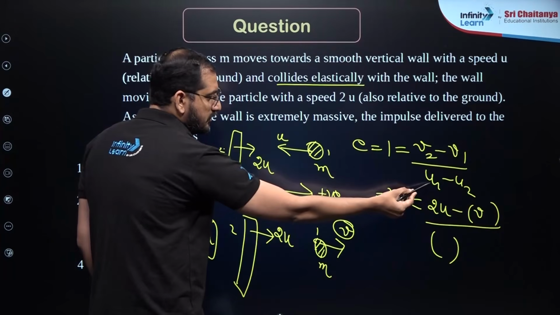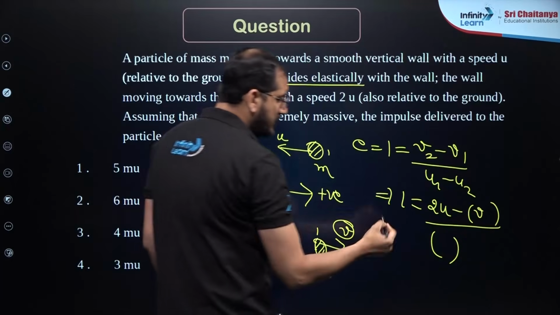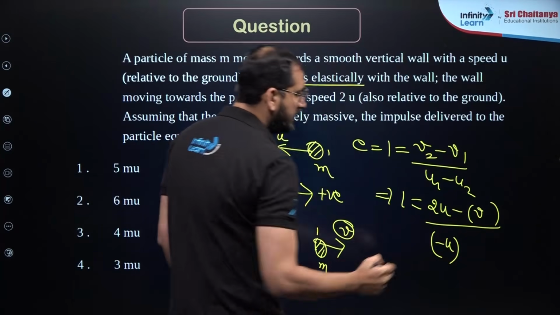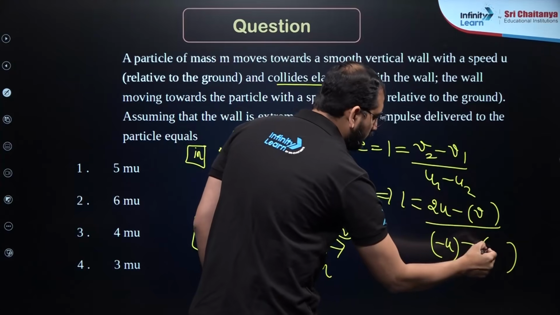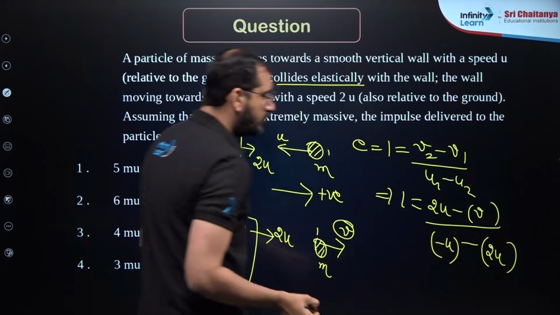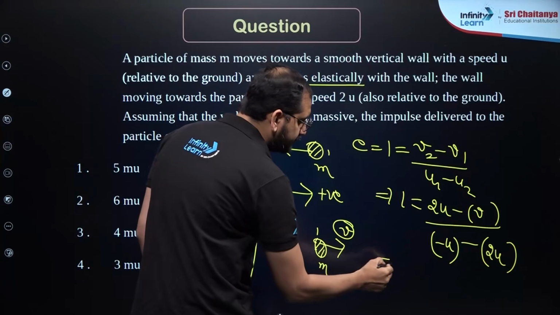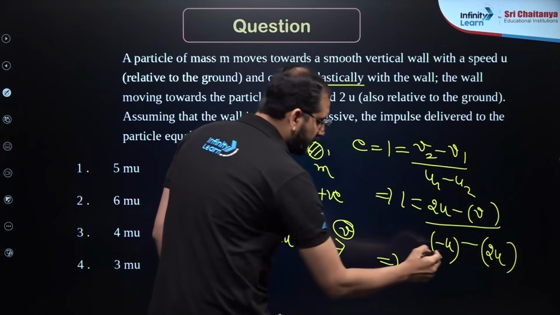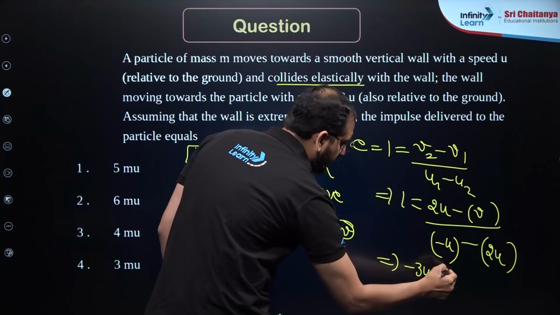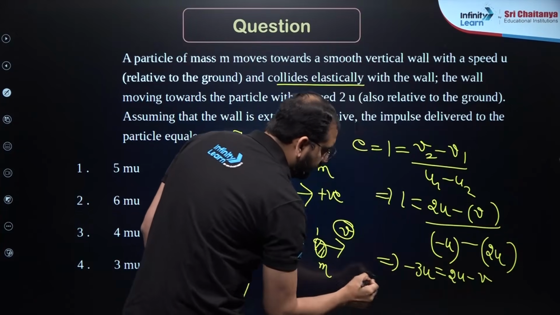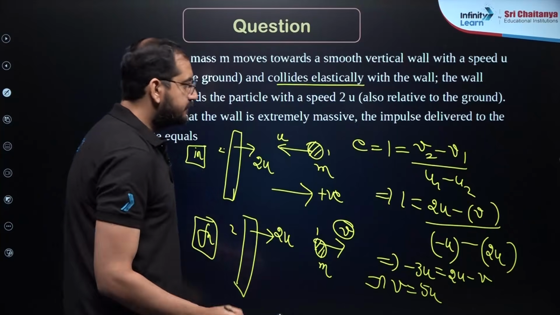Before collision, the first particle has a speed of u in the negative direction, so I'll put here minus u, and the wall speed initially was 2u in this direction, so this is minus 3u over here. Let me do the calculation very quickly, and from here we can get v as 5u, right?